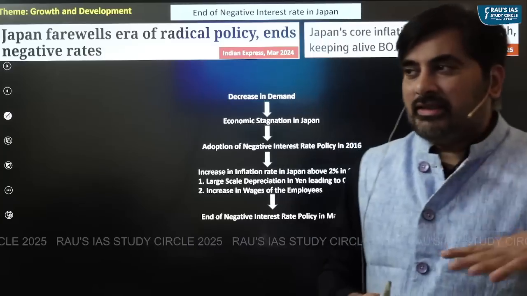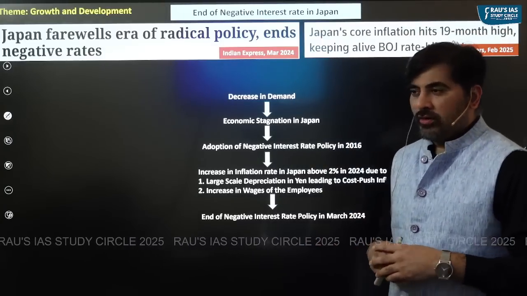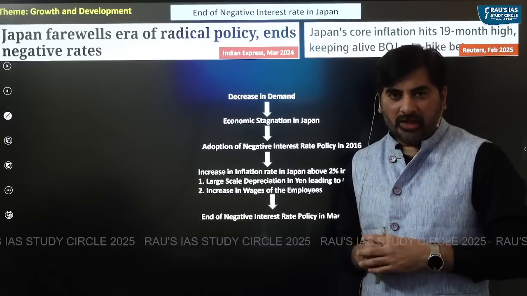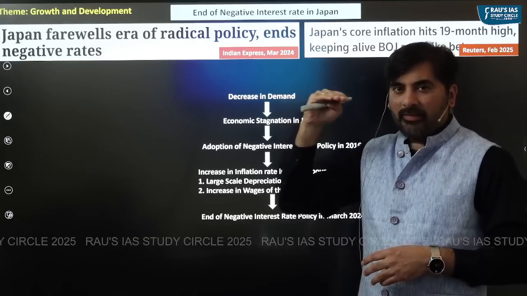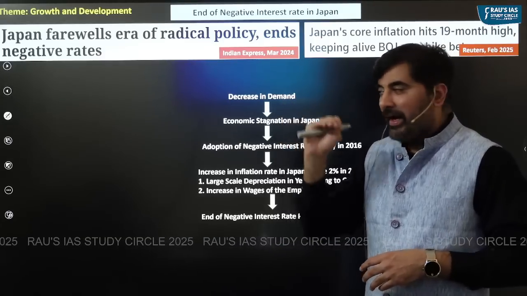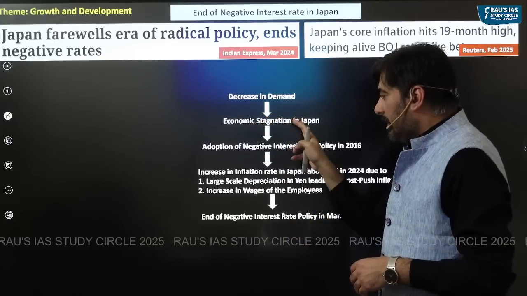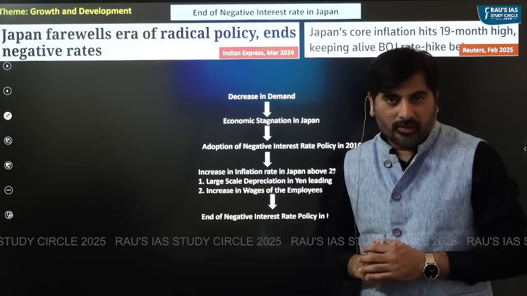See, as far as Japan is concerned, we all know that because of the aging population, the demand in the Japanese economy has stagnated. Because of stagnation in demand, the Japanese economy has been facing economic stagnation.